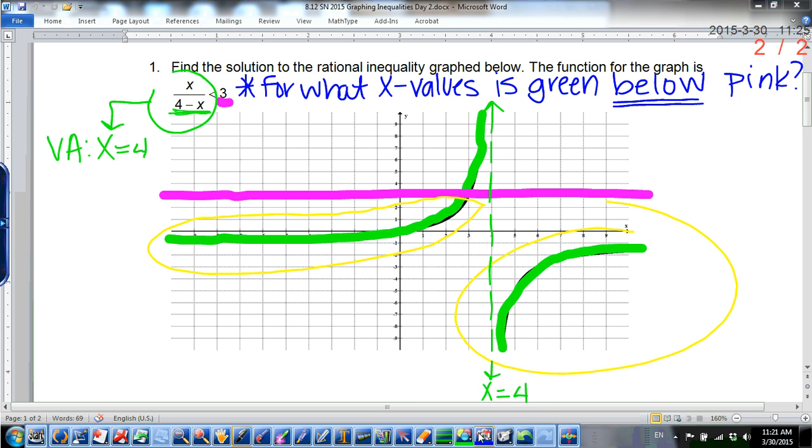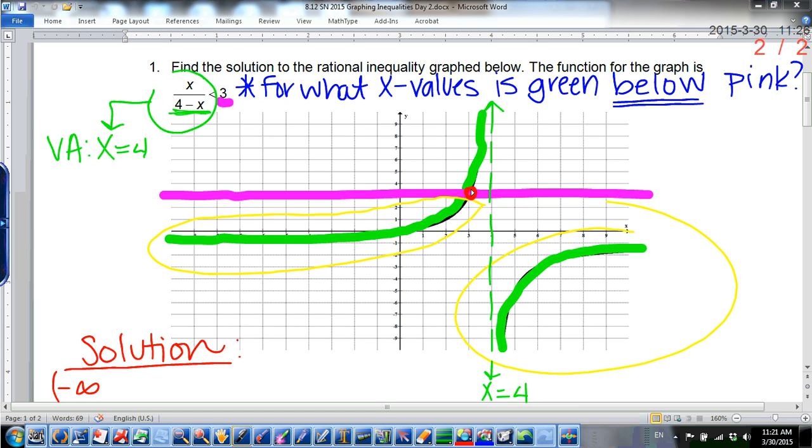All right, so if we come up with our solution, what x values are going to make up this piece? Okay, hang on. So negative infinity, good, up to 3. Where are we getting the 3?